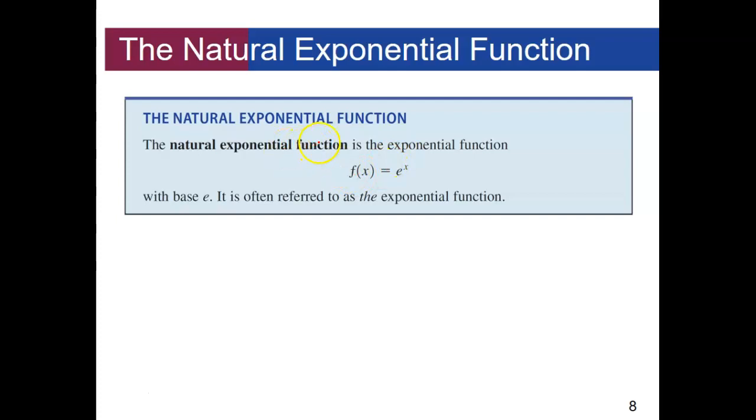Okay, so our natural exponential function, you're going to see it looks like this. So we've already looked at just kind of generic exponential functions where a can be anything. Well, we use this natural exponential function so often that sometimes we just refer to it as the exponential function. And it's just using a base of e, which is the 2.718, instead of this base of a.